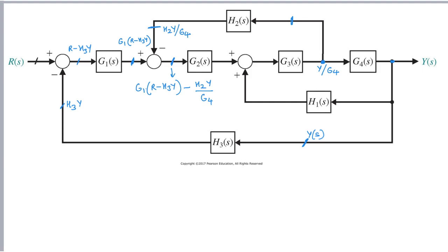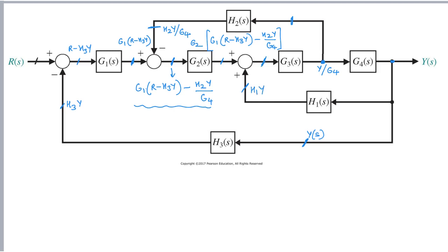Now the signal here will be G2 times this entire expression. So G2 times (G1 (R minus H3Y) minus H2Y over G4). To find the signal at this point, I need to know the signal at this point, which is going to be H1Y.